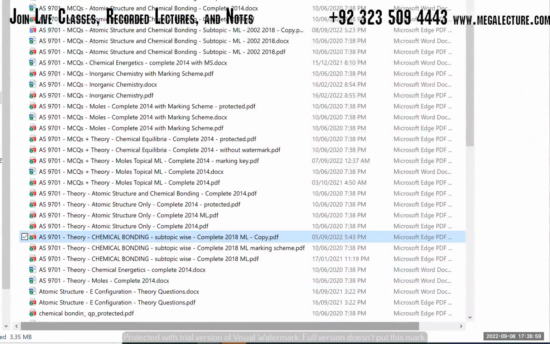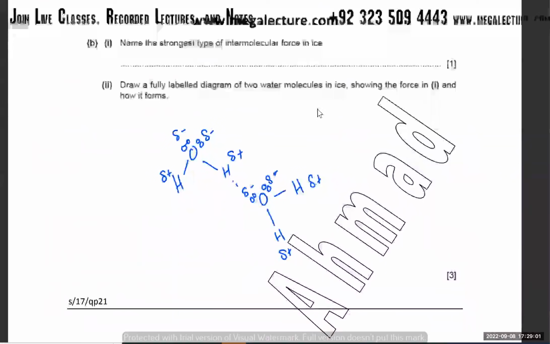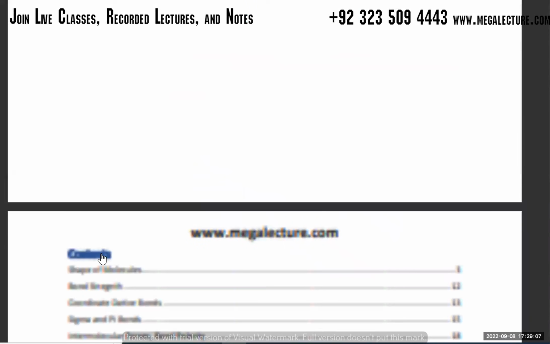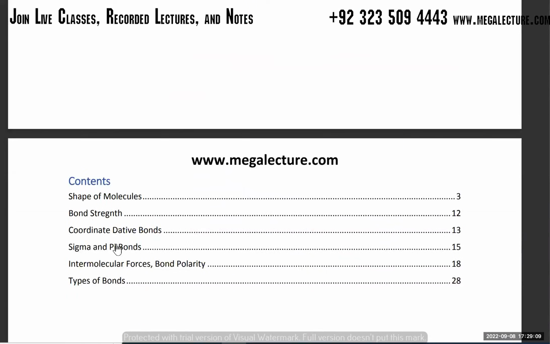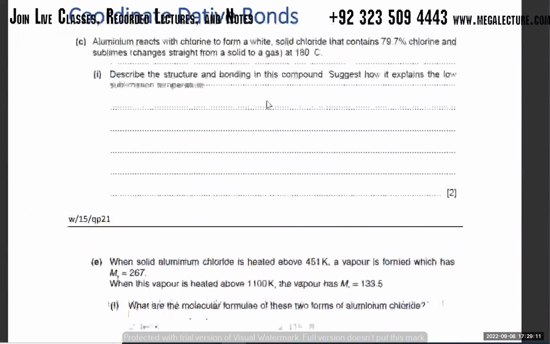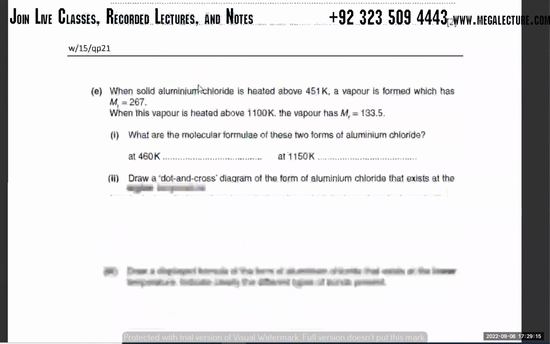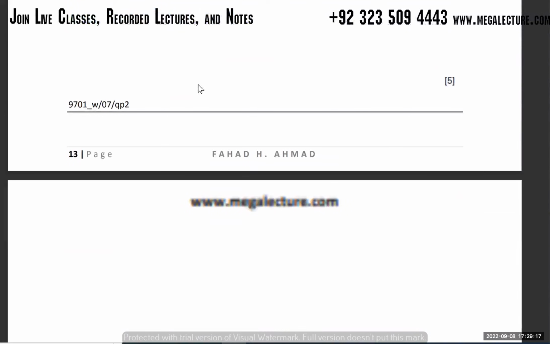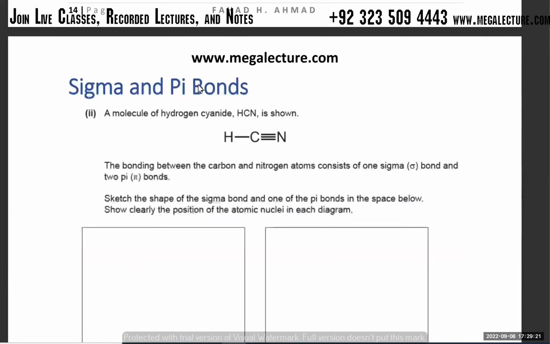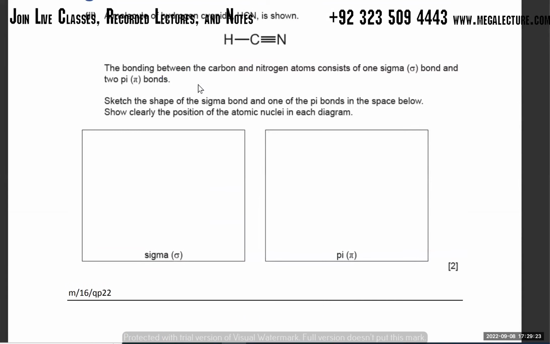अच्छा, ये वाला। सिग्मा एंड पाई बॉन्ड्स मिल गए। ओके सर, पेज 15। सिग्मा एंड पाई बॉन्ड्स, ठीक है। तो ये क्वेश्चन है सेइंग के ड्रॉ सिग्मा बॉन्ड and draw a pi bond.